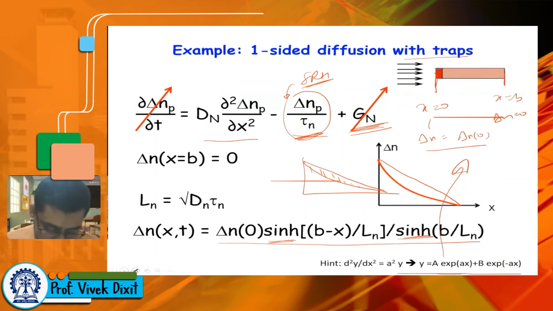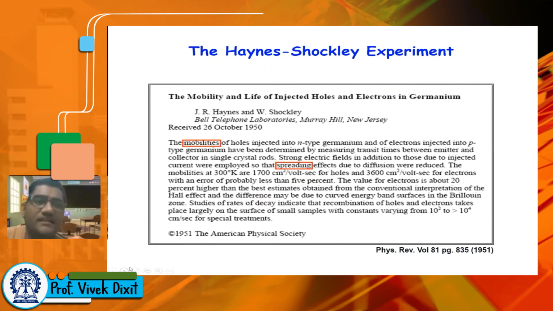Okay, now there's one last topic related to carrier transport. We have discussed the Hall effect, right? And what was the takeaway from the Hall effect? That the Hall effect is used to measure the mobility of majority carriers.